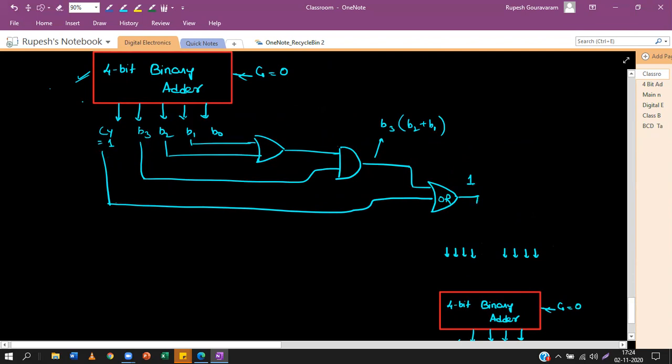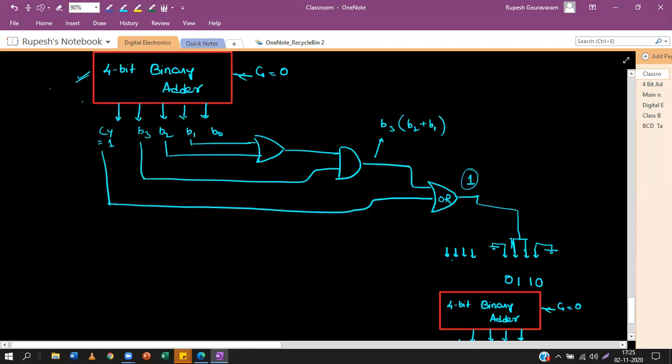Then we got an output here. If this output is 1, then we add 6. What is the representation of 6? 6 is represented as 0 1 1 0. That means the extreme bits are supplied with zeros, and the two middle bits are given as ones. So this is the input for this 4-bit binary adder.